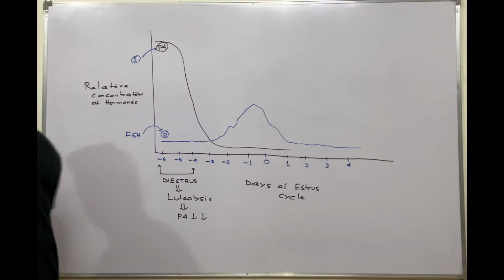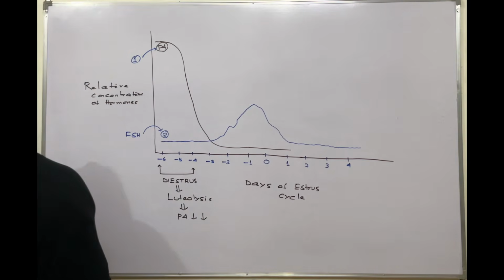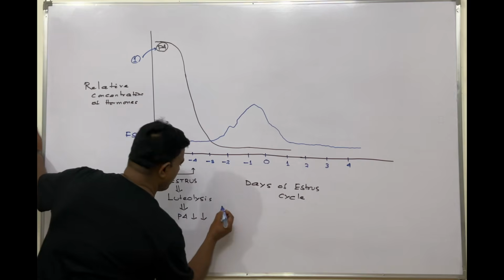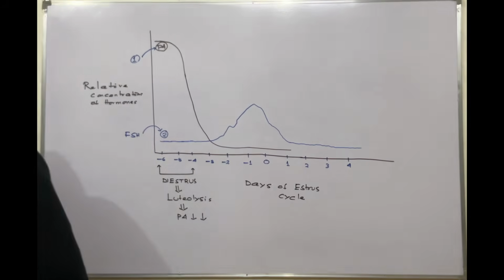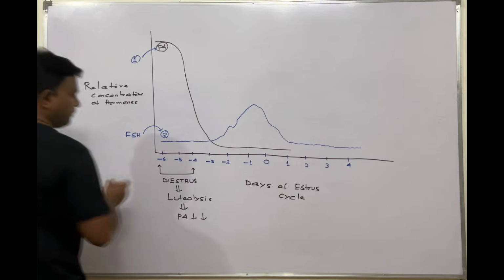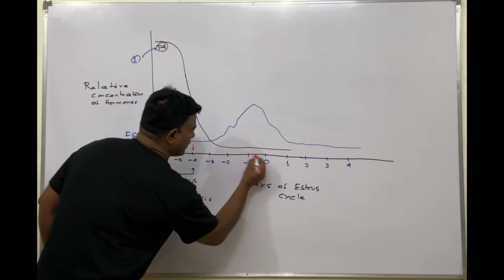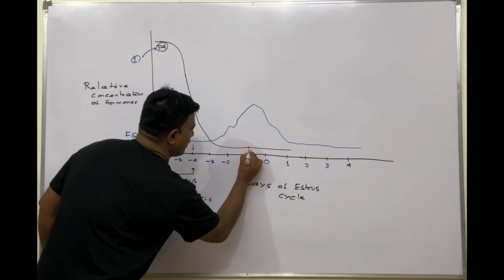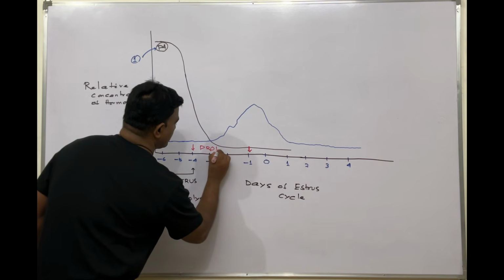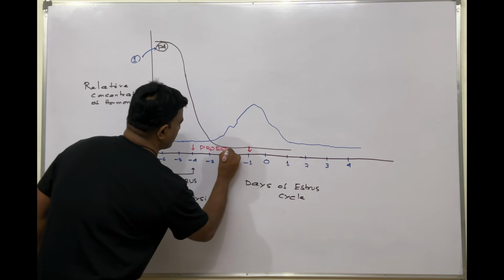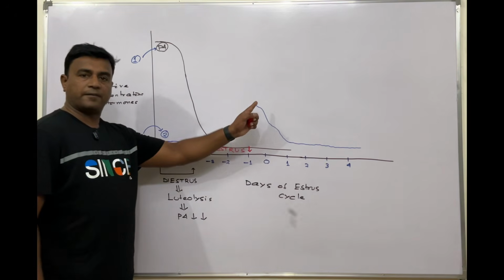And what more you are seeing, this -4 to -1, I can write here in the red pen, this is proestrus, where the FSH level is rising.